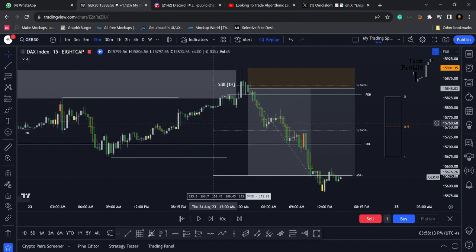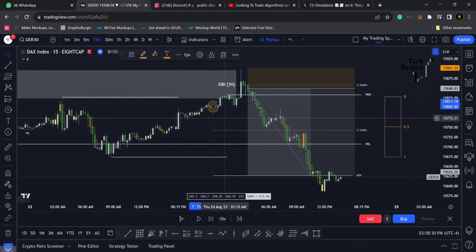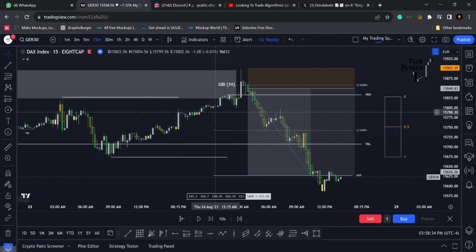That's 12 a.m. That shows you that the New York session has started, and this is the opening candle of the New York session. This candle right here that I'm marking, that's the opening candle.